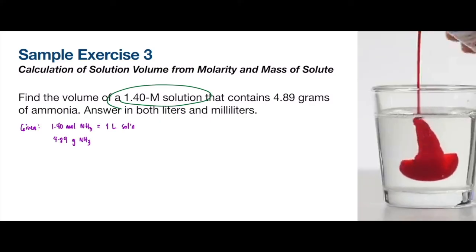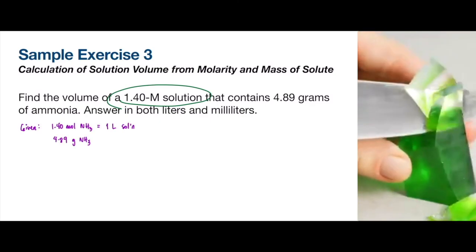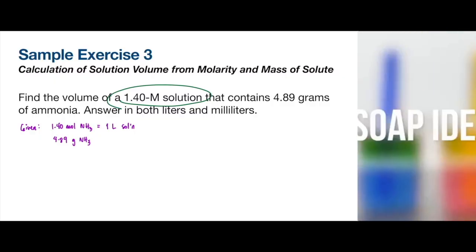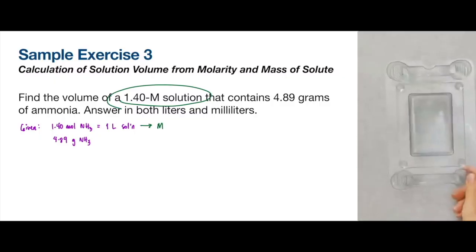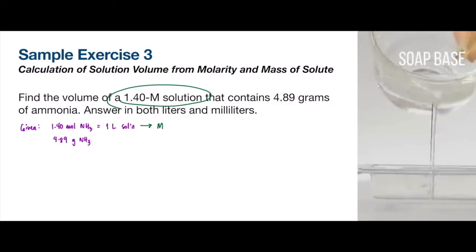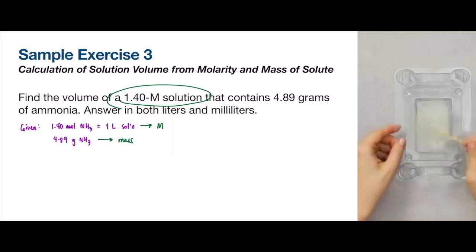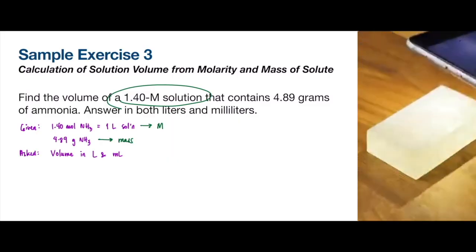This is the molarity of the solution. And we have 4.89 grams of ammonia, which is the mass of ammonia. And we are asked about the volume in liters and milliliters.